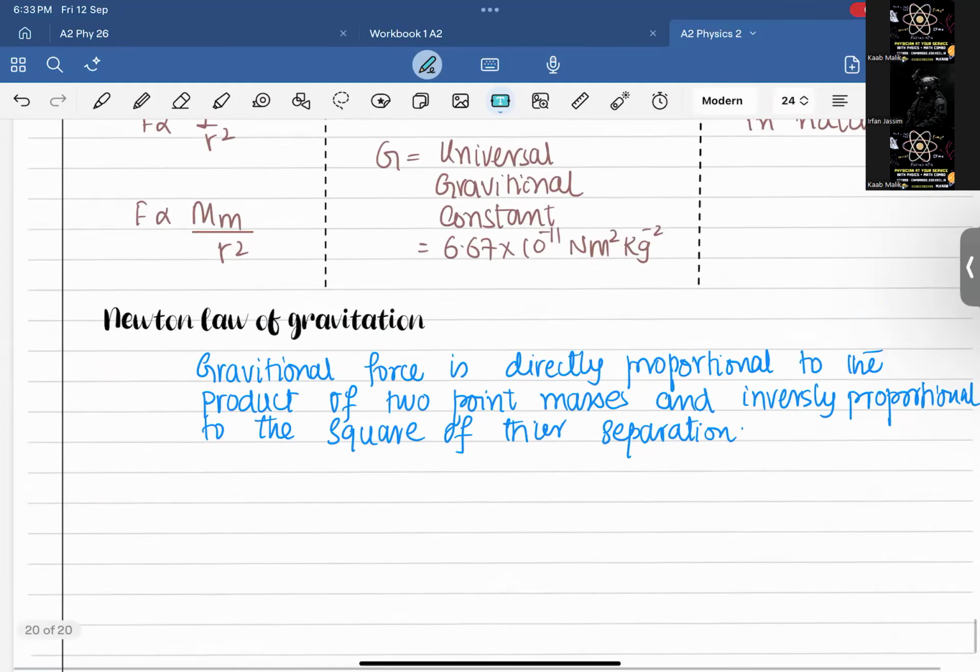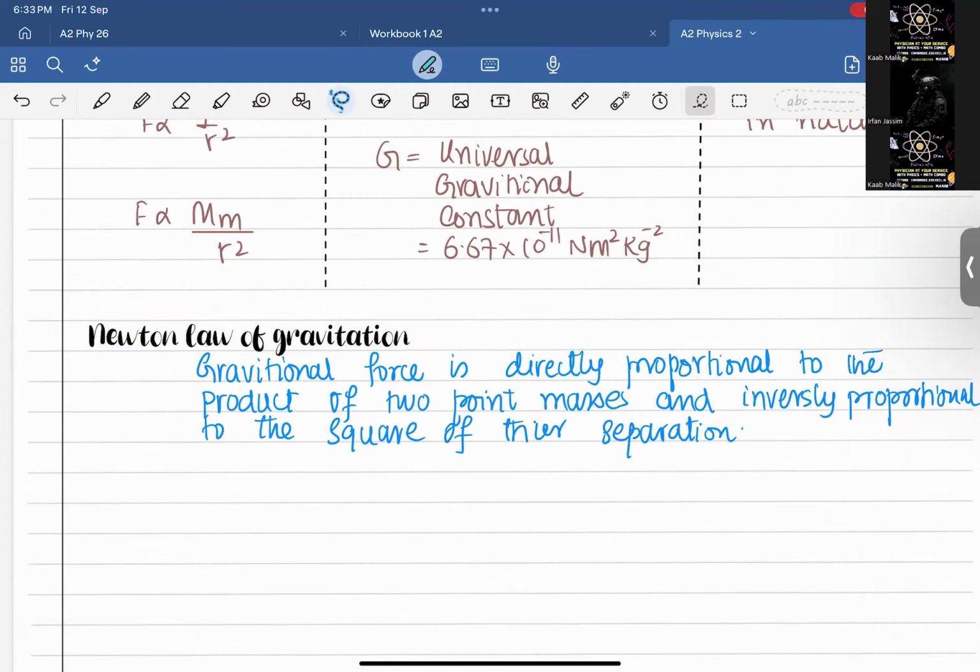They'll ask you in 2 to 3 marks for the definition. And you have to mention this thing, this is the important thing: the product of two point masses, and the square of their separation. These are the two things that are very important in this definition.